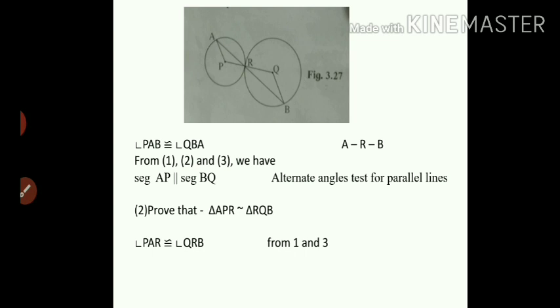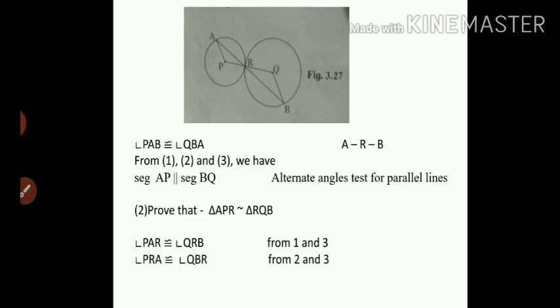Statement number 1 was angle PAR congruent to angle PRA, and statement 3 was angle PRA congruent to angle QRB. In both statements PRA is common, so I am cancelling PRA. What is left? Angle PAR is congruent to angle QRB, from 1 and 3.